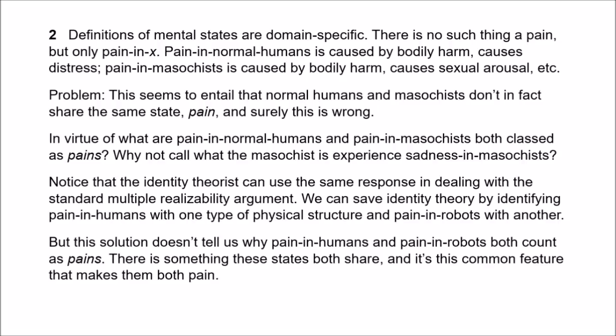But as we've seen, there's also a functional multiple realizability problem that arises at this point. So I think it's an interesting point that identity theorists have tried to make this same sort of move.